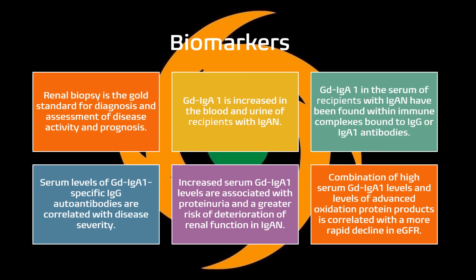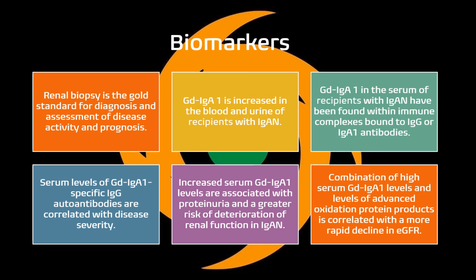and serum levels of IgA1 as well as specific IgG autoantibodies are correlated with disease severity as well. Increased serum IgA1 levels are associated with proteinuria and a greater risk of deterioration of renal function in IgA nephropathy, and have been evidenced in the literature.